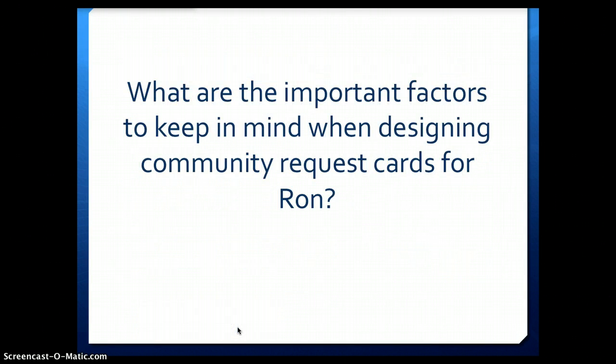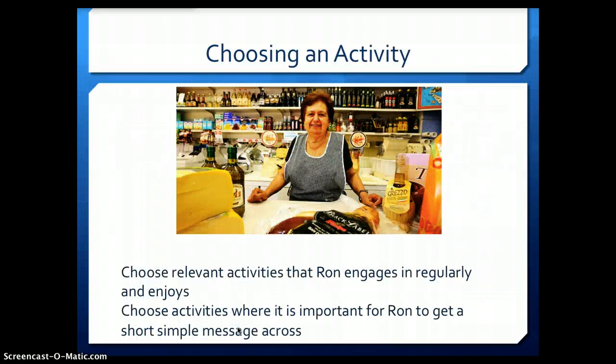So what are the important factors to keep in mind when designing community request cards for Ron? What do we need to look at that's going to make these work really well for him? We need to choose activities that Ron engages in regularly and things that he really likes doing.